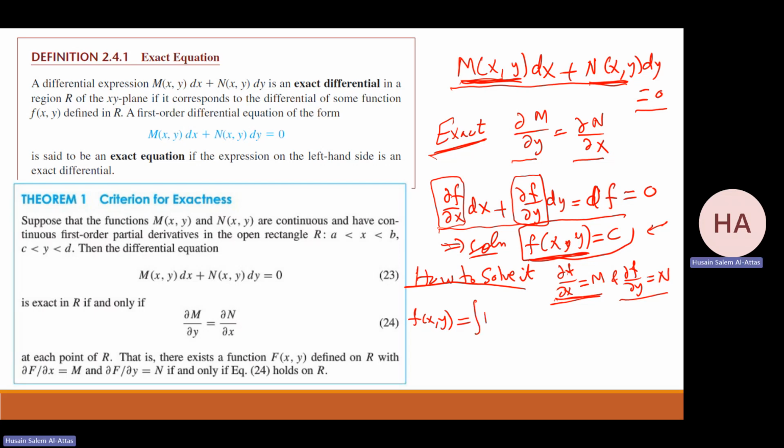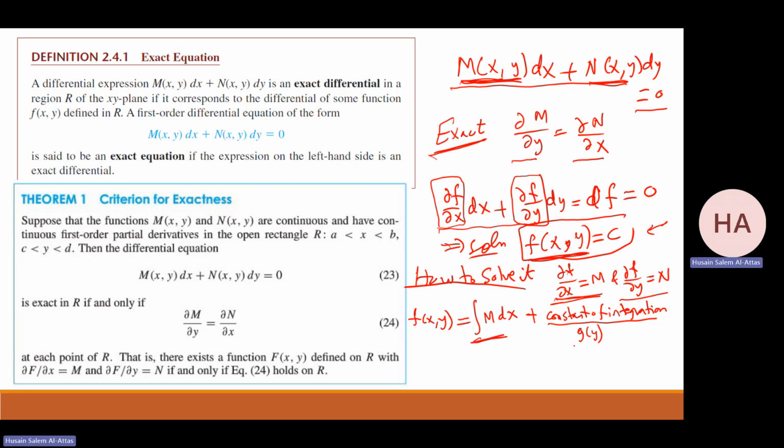It will be the integral of M dx, integrating with respect to x, plus constant of integration. Here is the catch. This constant of integration, since I'm doing partial f partial x, will be a function of y. Let me call it g of y.